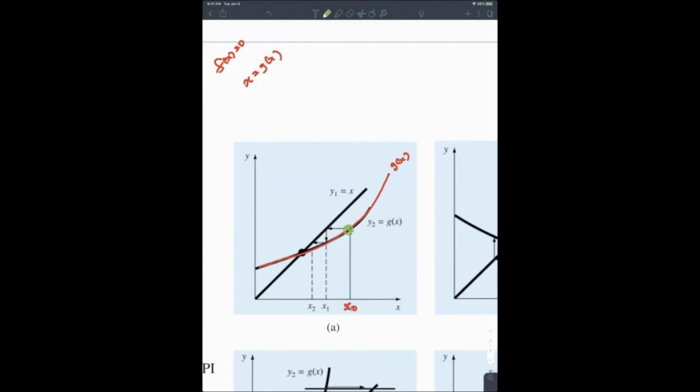The next root is, if you just project that g(x) to y is equal to x, and then that is the next root. So why is that? Because root is always on the x-axis. And we know that, for example, g(x0) is x1. So we found out that g(x0) is here. This is g(x0).